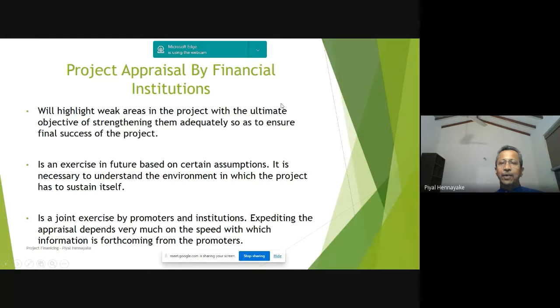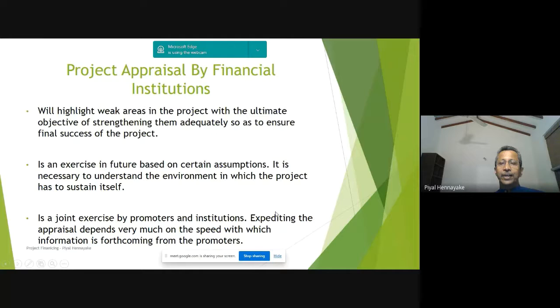And the banks who evaluate the project can give feedback to the project sponsor, project promoter, on how to strengthen the project based on the experience the project finance banker has.